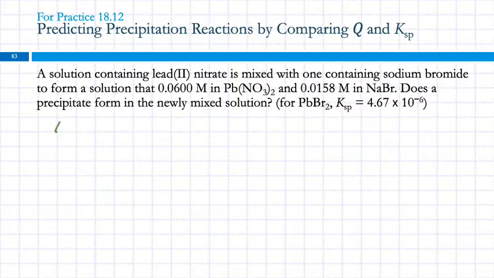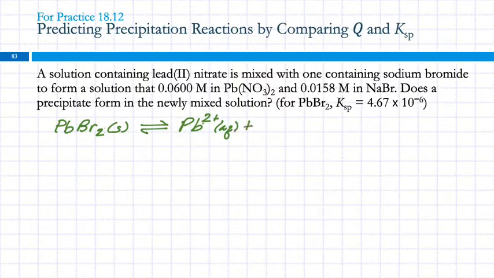So our potential precipitate is lead bromide, and we can look at how that would dissolve. Sorry, it's not lead 3, it's lead 2. Two bromides. And KSP is 4.67 times 10 to the minus 6.